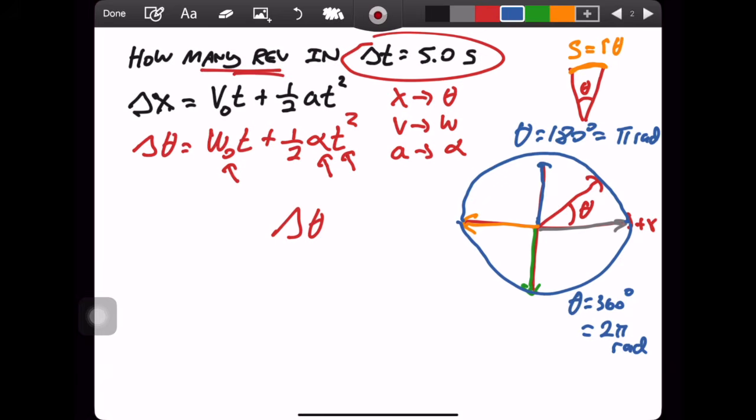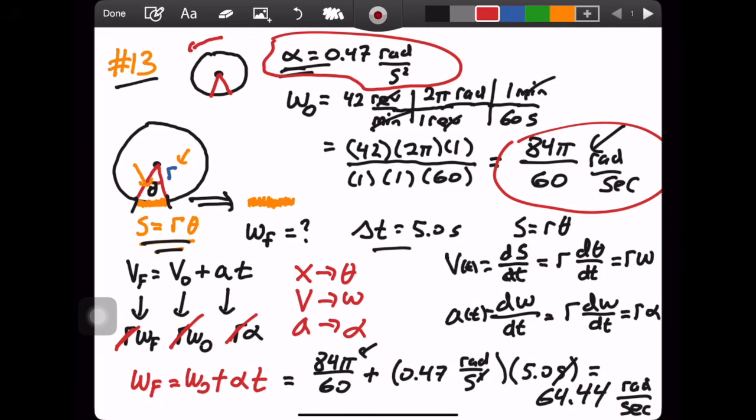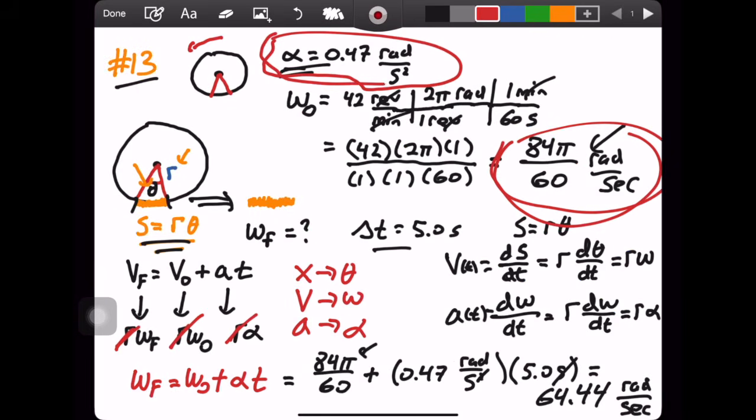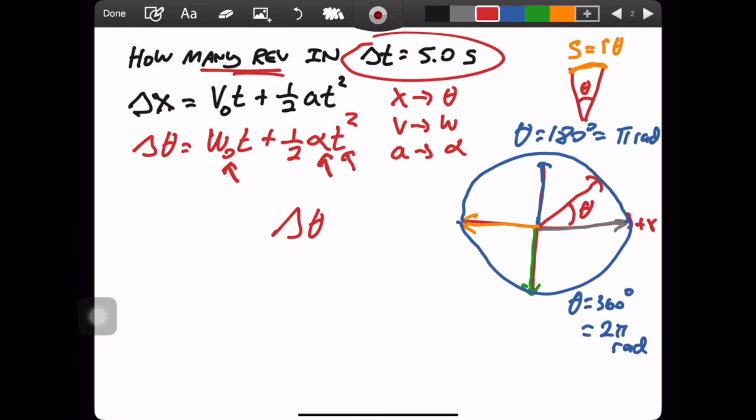So once you know, and again, you can just plug all the numbers, we know this omega naught because we solved for it right here. And we know the alpha because we're given the alpha originally. And we know the t, that's 5 seconds.